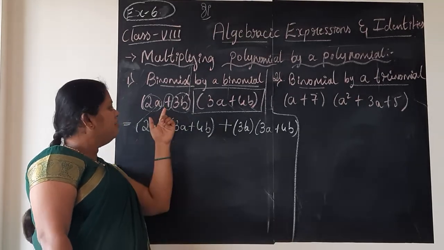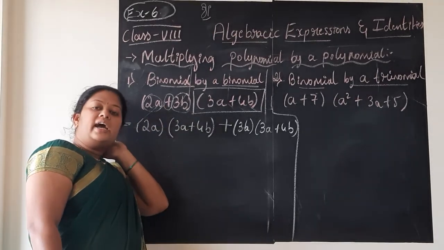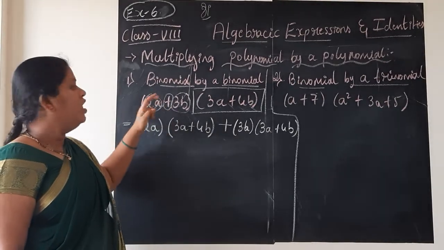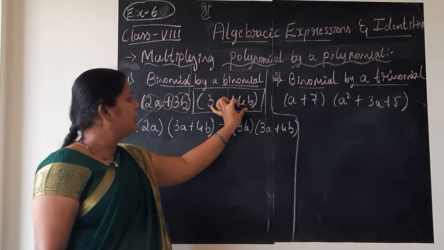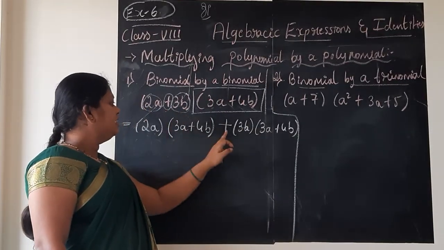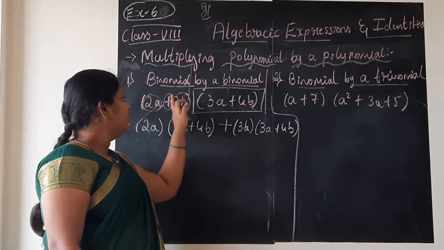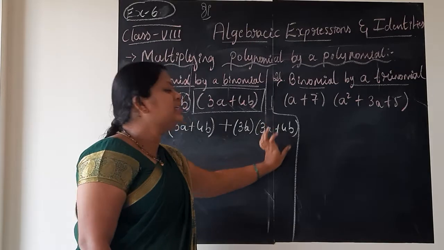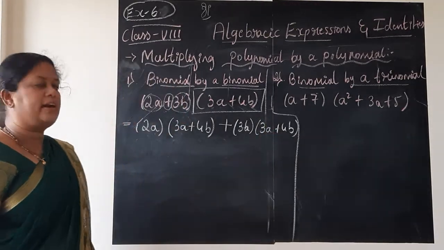So what you do is always write the question as it is, and the first bracket has two terms since it is a binomial. First term into the whole second binomial completely you will write, plus or minus according to the given question. Again second term in the first binomial into the whole second binomial in the bracket you will write now.